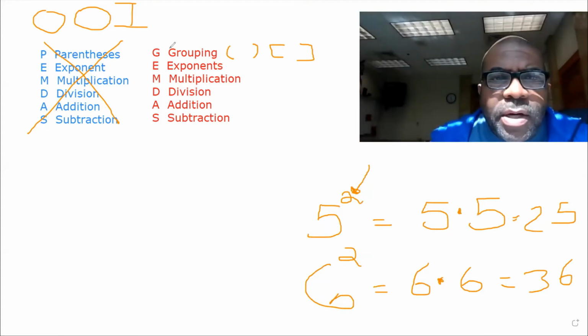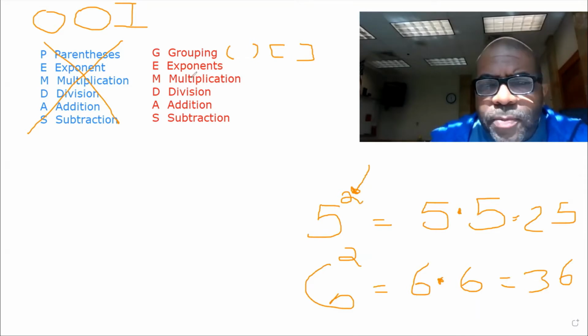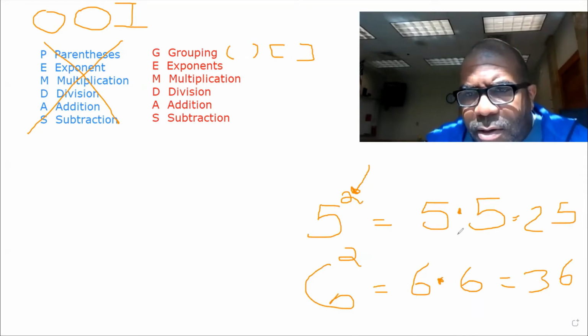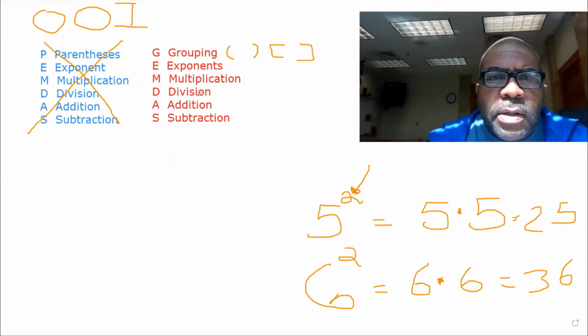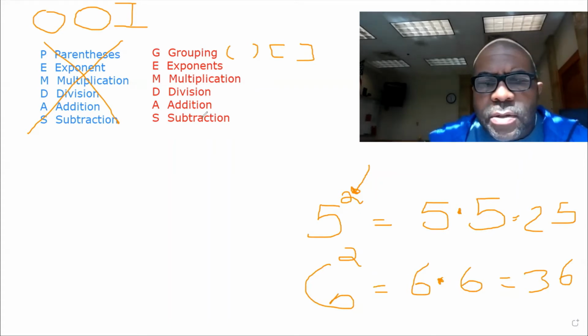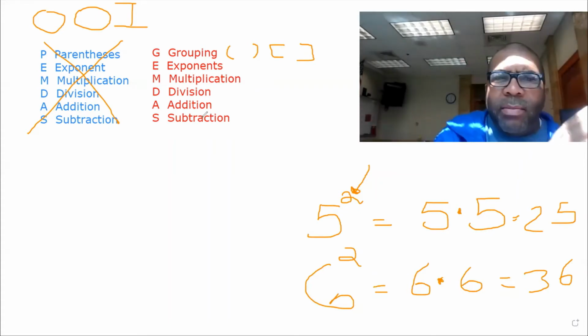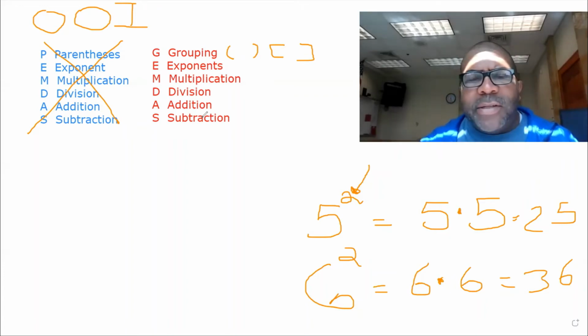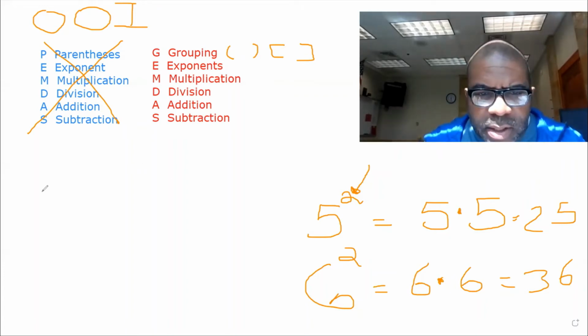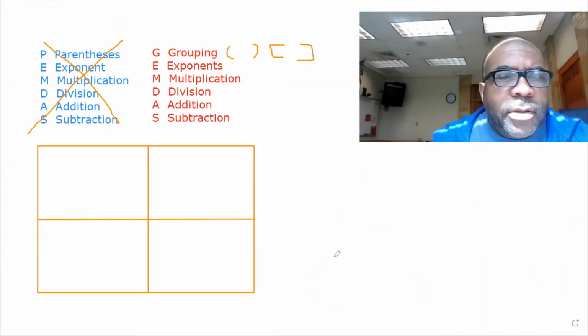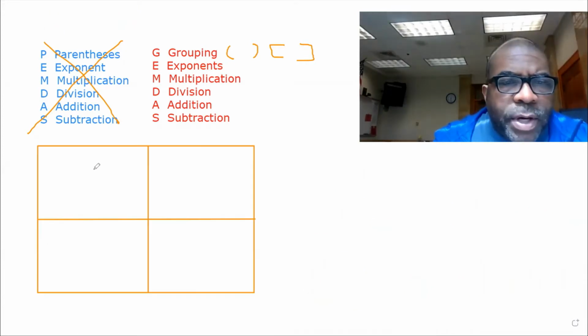So that's what we're using now: GEMDAS, grouping, exponents, multiplication, division, addition, and subtraction. If you can move from PEMDAS to GEMDAS, that's going to be one of the first things we need to do. We have 4 mathematical operations.